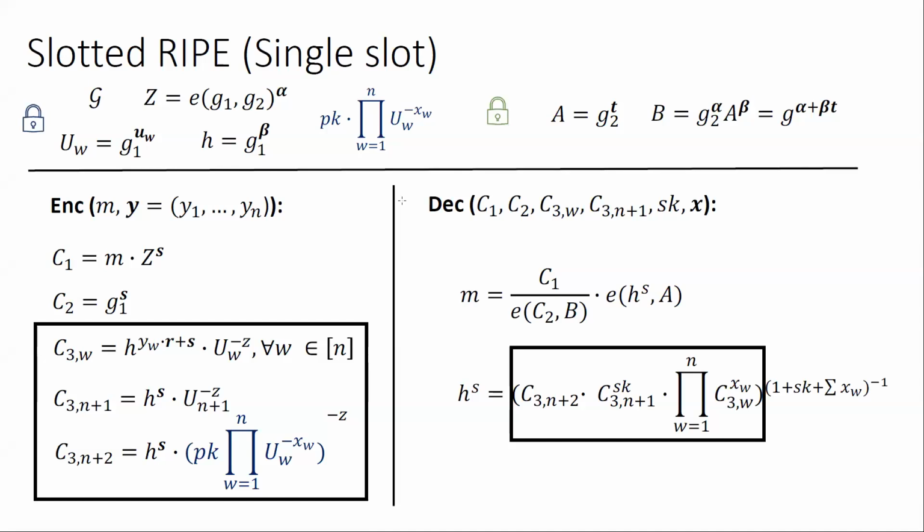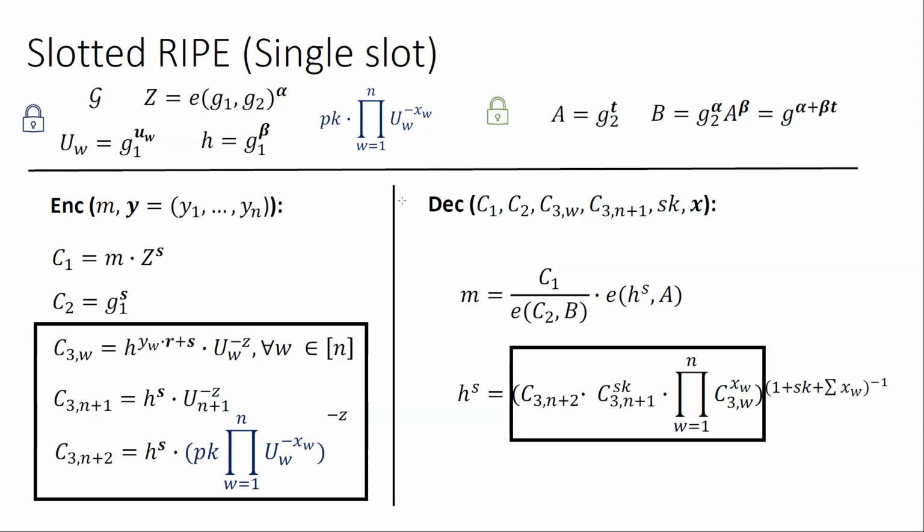Then we have this n+1. And similarly, we have H to the S multiplied with this very same value, but only for n+1. And then for n+2, we have H to the S multiplied by the aggregated public key raised to -z.